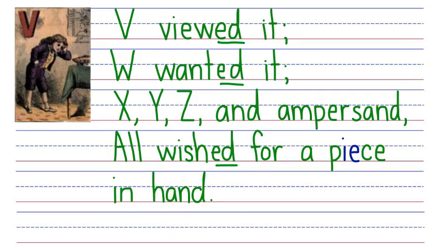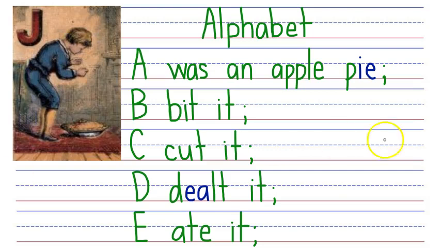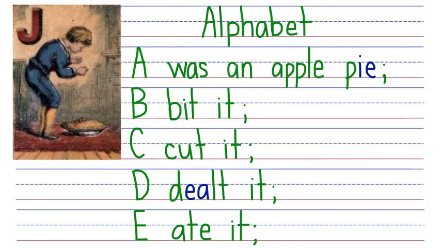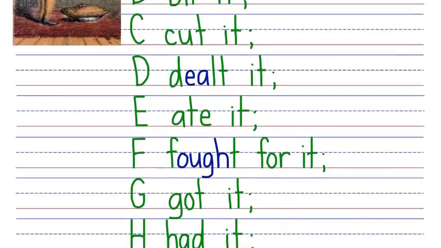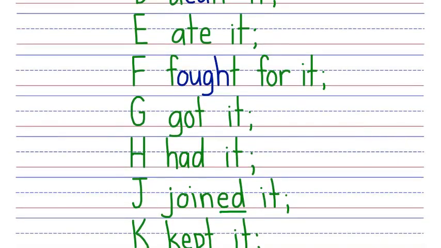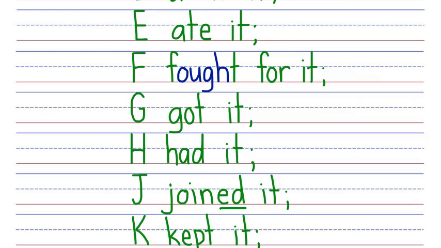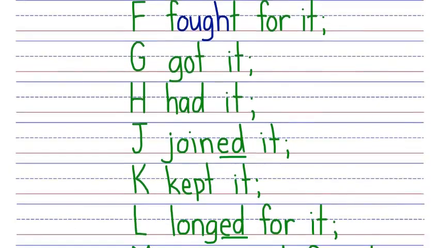Alright, let's go back and look at all those underlined words with the ed phonogram, and let's determine if the ed phonogram says ed, d, or t in them. Okay? J joined it. What does ed say? D. Next one.